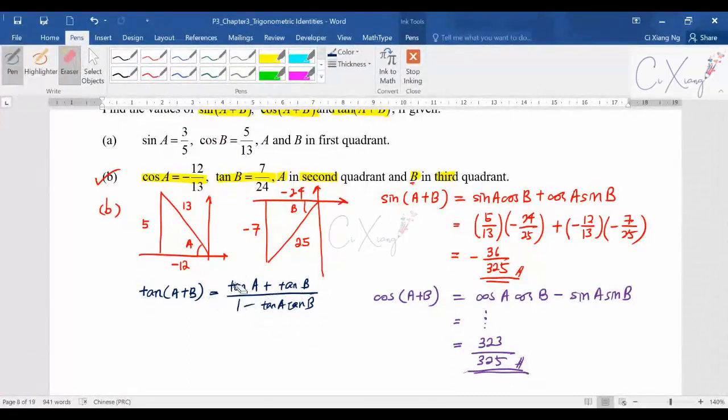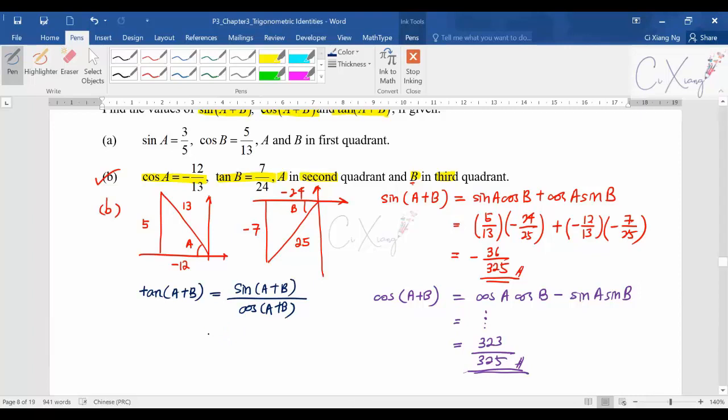If you don't want, then you can use a lazy method like what I teach you here. Tangent A plus B, I can write as sine A plus B divided by cos A plus B, because tangent theta is sine theta divided by cos theta.